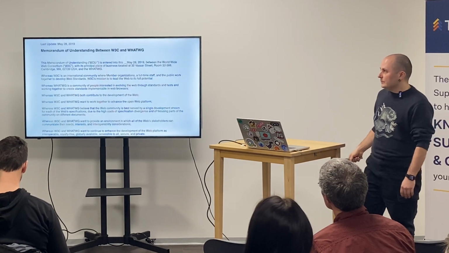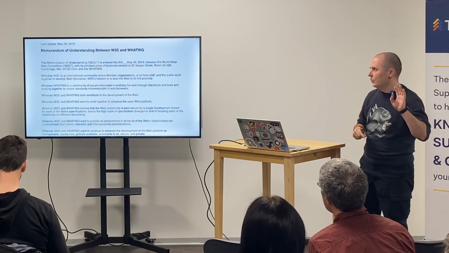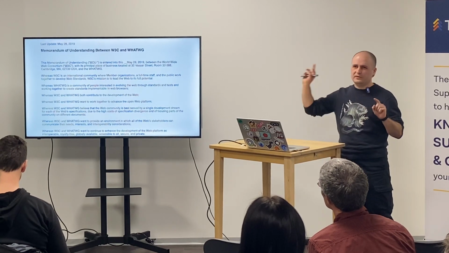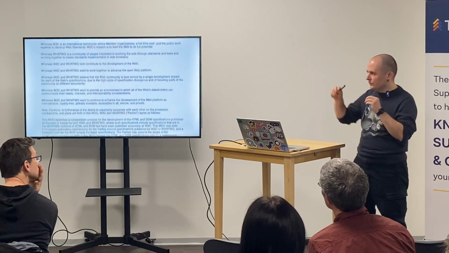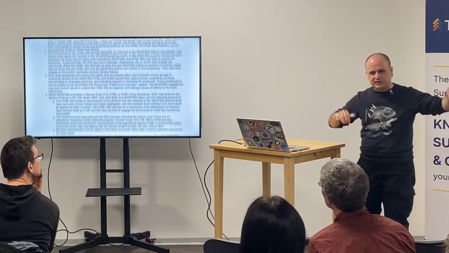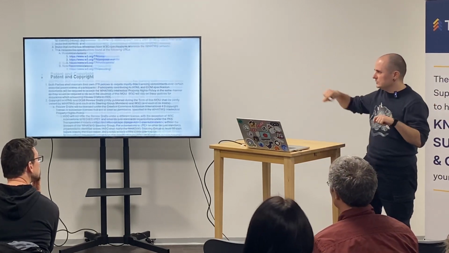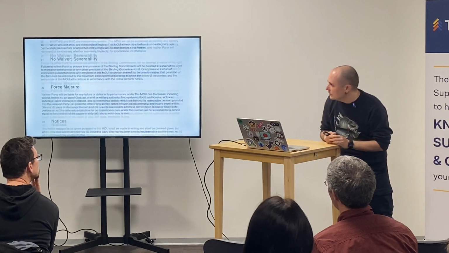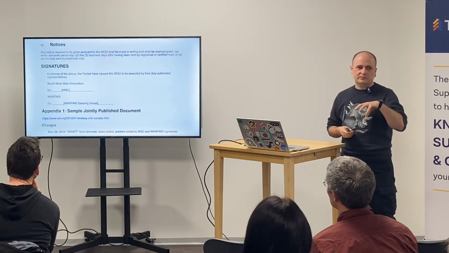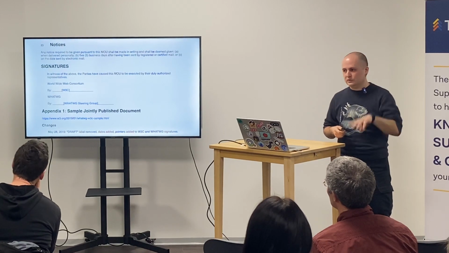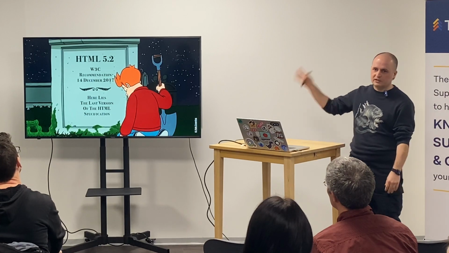So back in 2019, WHATWG and W3C sat down and agreed to move the spec from one organization to another. And at the end, they signed a document with all this very interesting, important information, meaning that right now the HTML spec is developed by the WHATWG organization, and HTML5 is not relevant anymore.